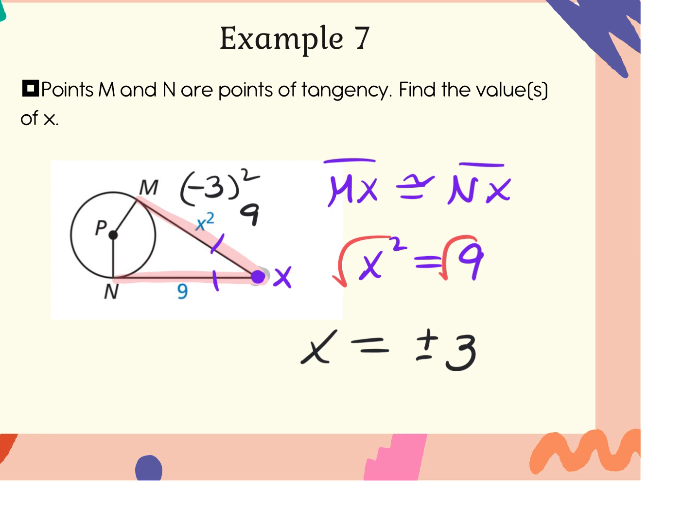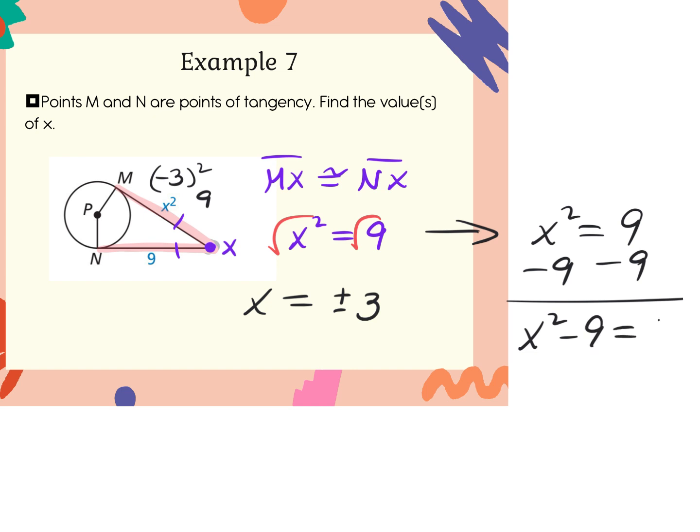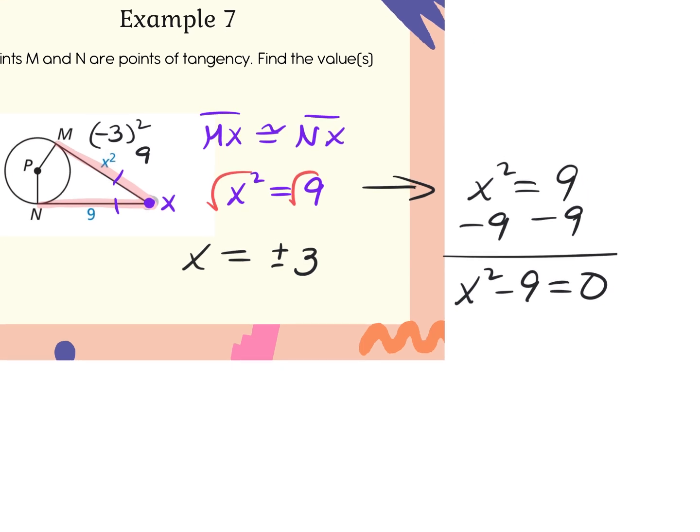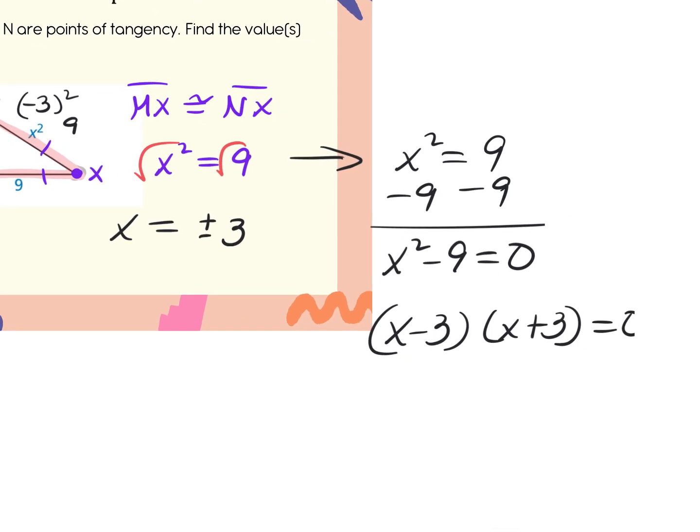Now, the other way to solve this would have been to set your equation equal to 0 by subtracting the 9. Then this becomes the difference of two perfect squares that we can factor into two binomials. This will factor into x minus 3 and x plus 3. And then we would set each one equal to 0.